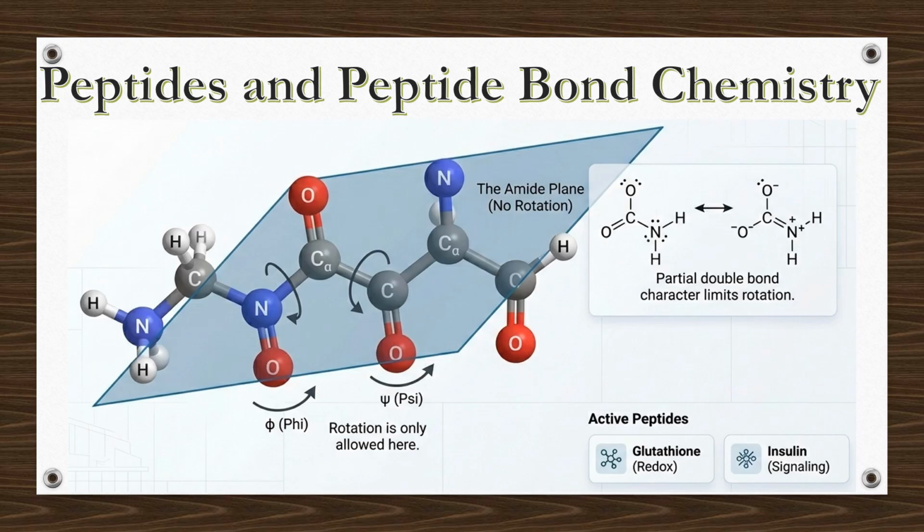The lone pair of electrons on nitrogen delocalizes into the carbonyl group, giving the C-N bond partial double bond character. This makes the bond shorter and stronger than a typical single bond and prevents free rotation. In effect, the peptide bond behaves like a rigid double bond, locking atoms in place.